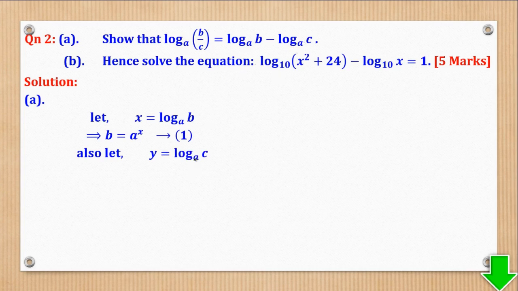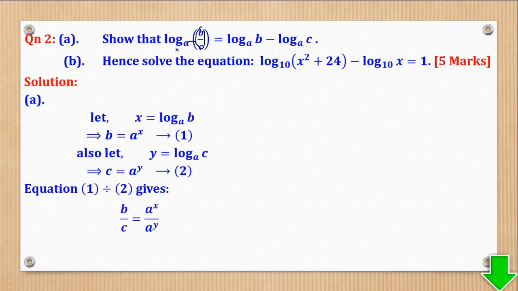To eliminate, I'll say a to power y is equal to c, to give you equation 2. So I've got b, I've got c. But in this required proof there is b over c. So I'll say divide equation 1 by 2, so that I can get b over c somewhere. So b over c is this, then b is equal to a to power x, which is there, c is a to power y, which is there.